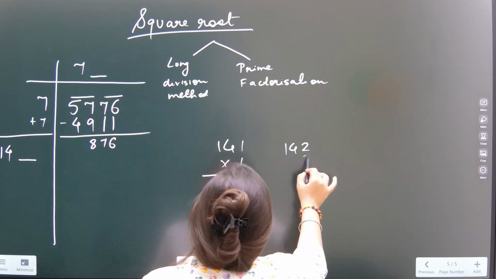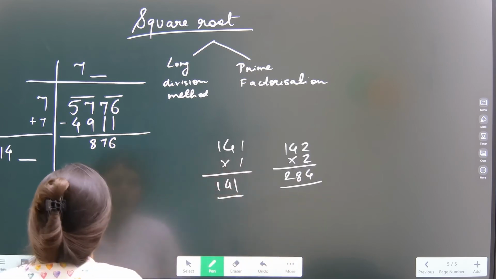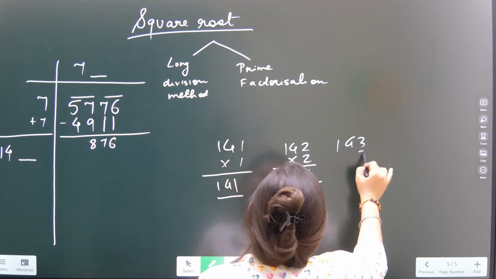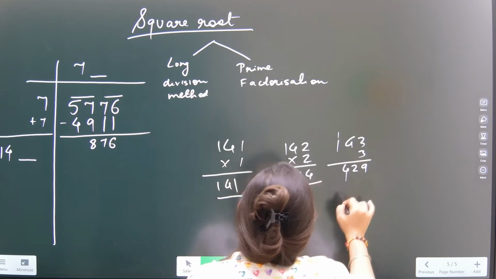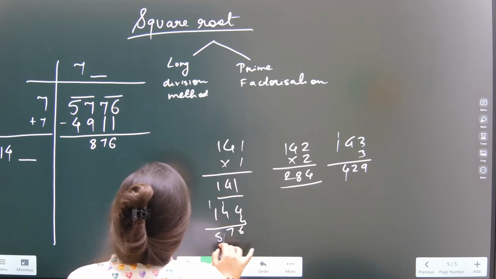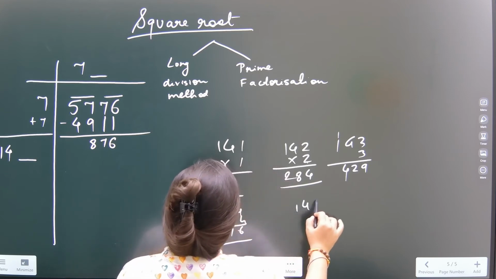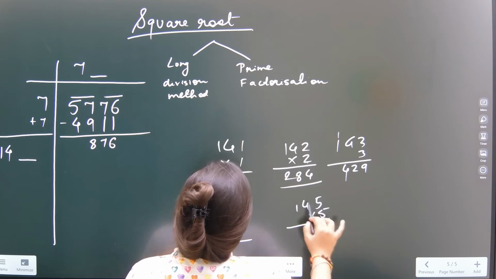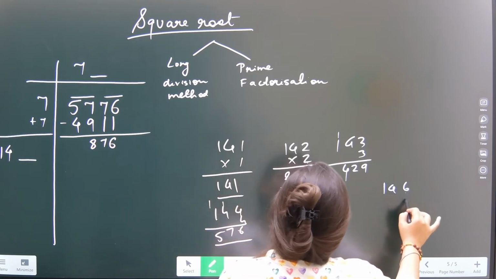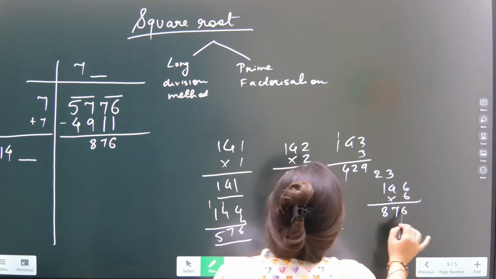Checking 142 into 2, 2 2s are 4, 2 4s are 8, 2 1s are 2, 284, again it is far, okay. 143 into 3 is 429, 144 into 4 is 576, okay. 145 into 5 is 725, 146 into 6 is 876.